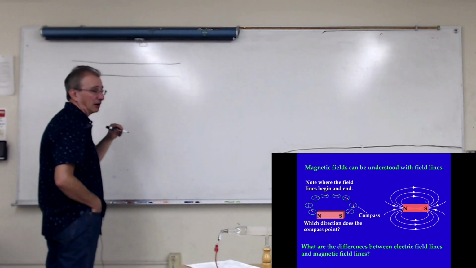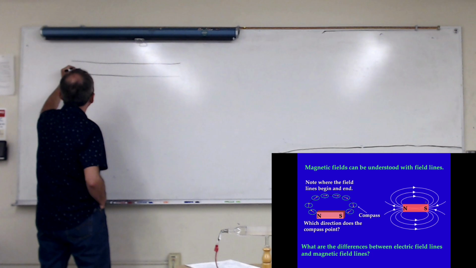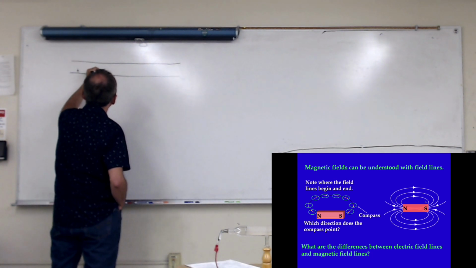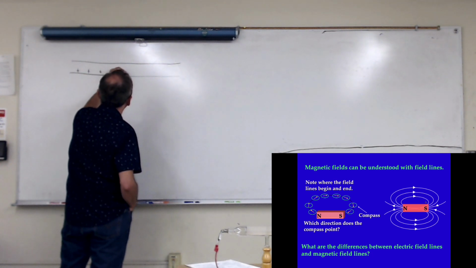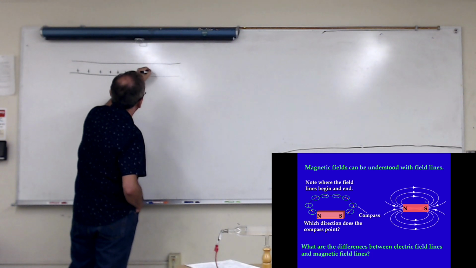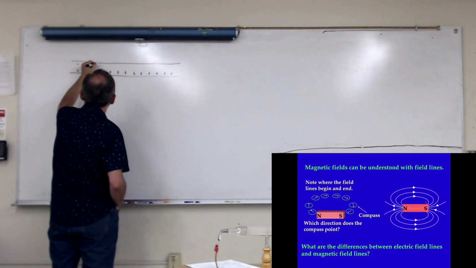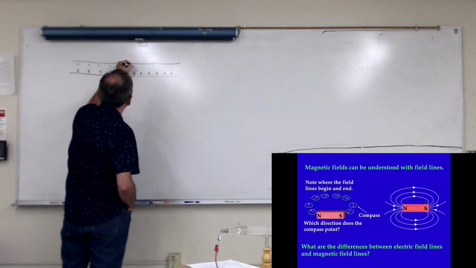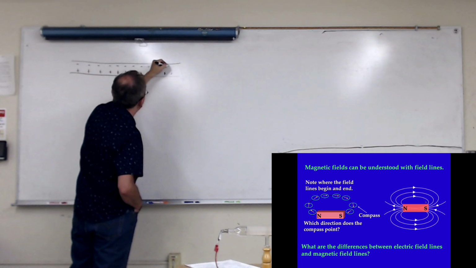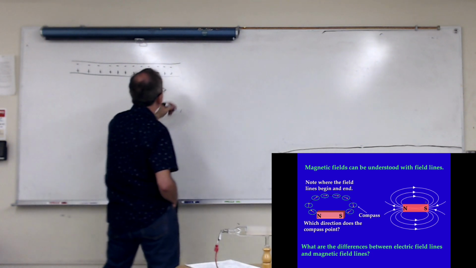Of course, if you have a current-carrying wire, the positive charges are stationary, and the electrons are the ones that are moving. So let's say the electrons are moving this way.